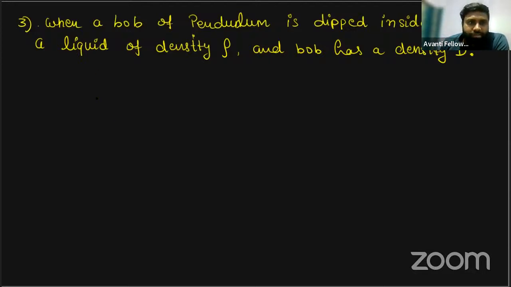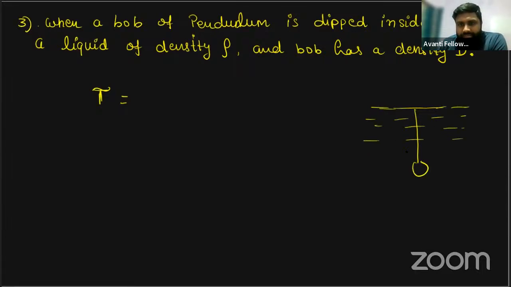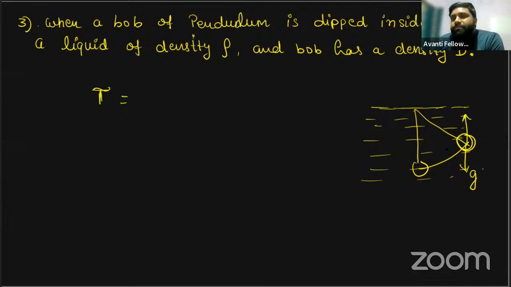So directly you need to learn the formula, because when this complete setup is immersed inside the liquid, what will happen when this oscillates? This g here is not only g, because the buoyancy force will decrease the value of g.